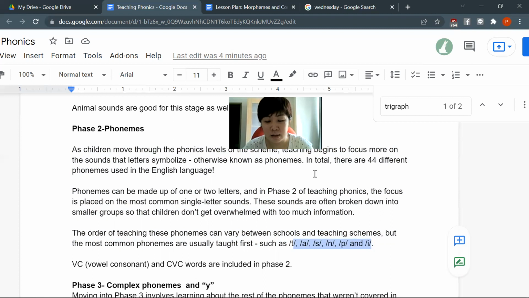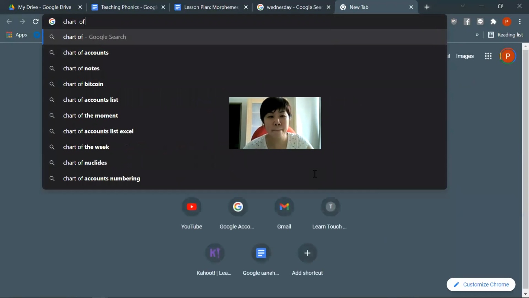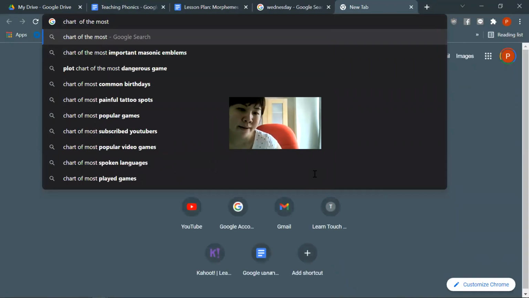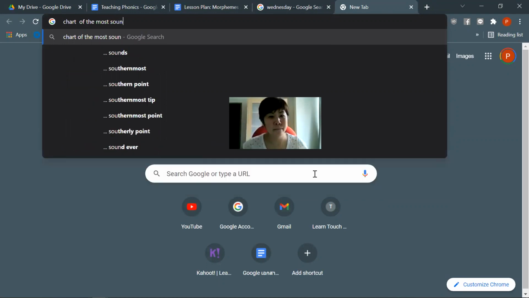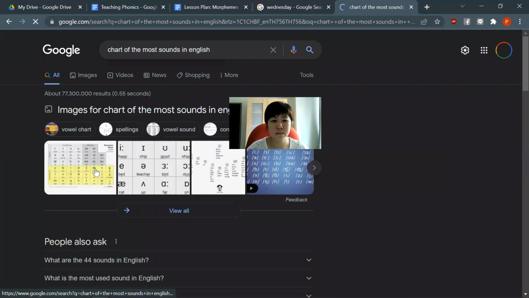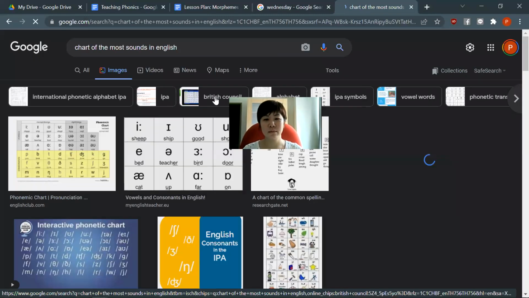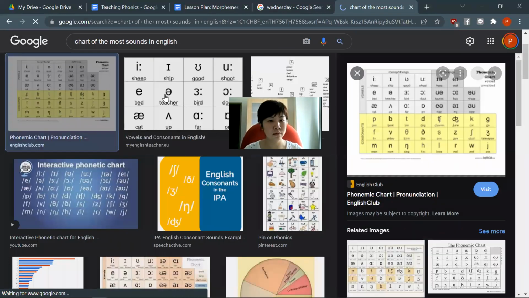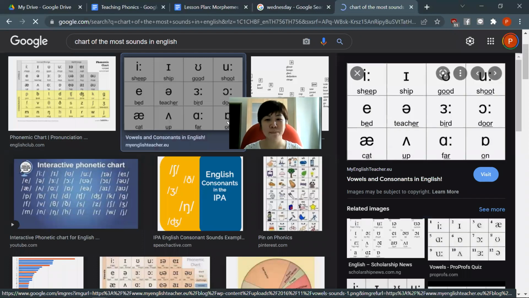There's a chart of the most common sounds in English. So you can use something like this, like E. This one is E. I don't like this. I don't use this. These symbols, don't use these with kids. They're too hard.